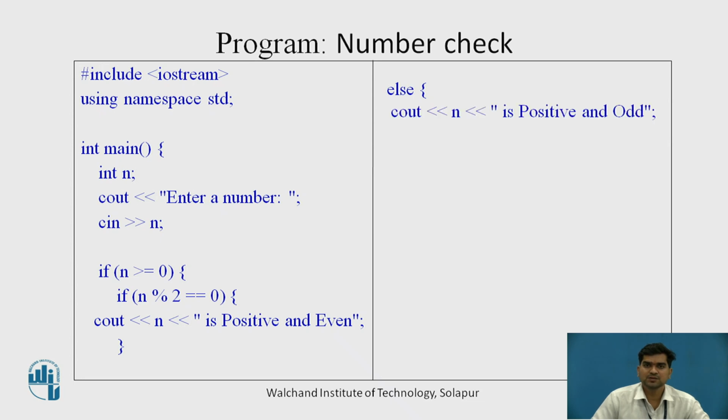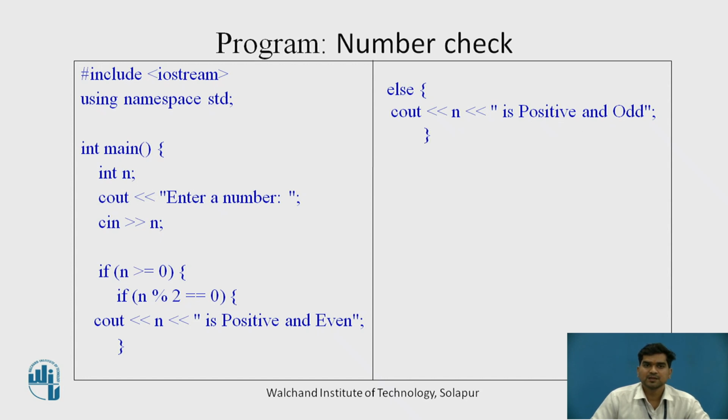Else, if the second condition is not satisfied, then I get positive, since it is already greater than 0, and it is not a multiple of 2, so the output is a positive and odd number.